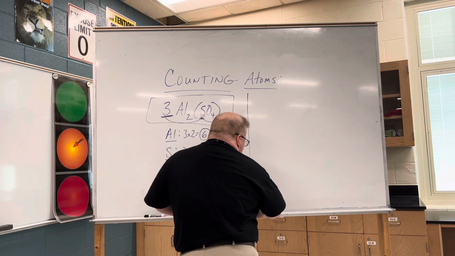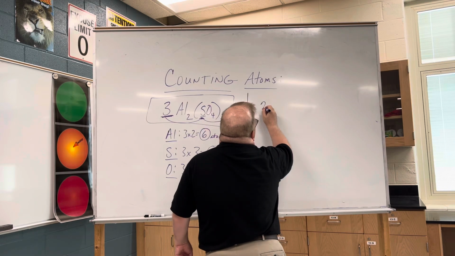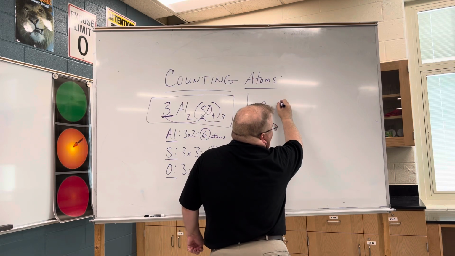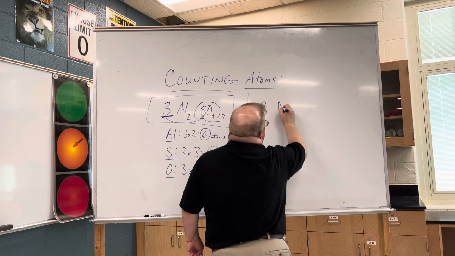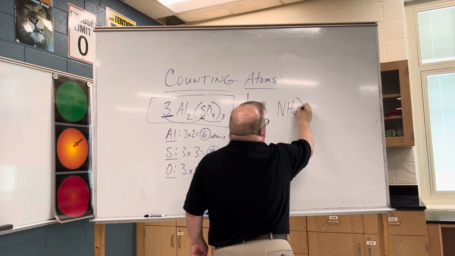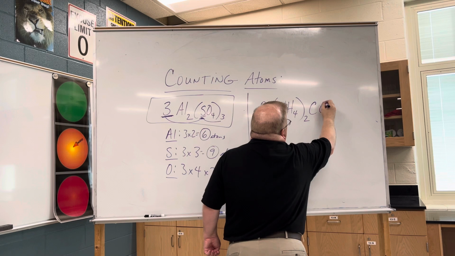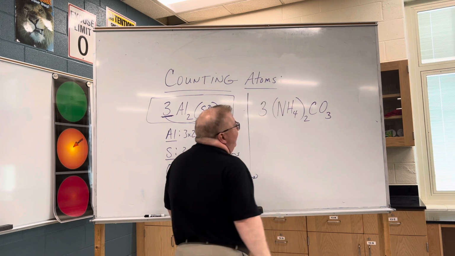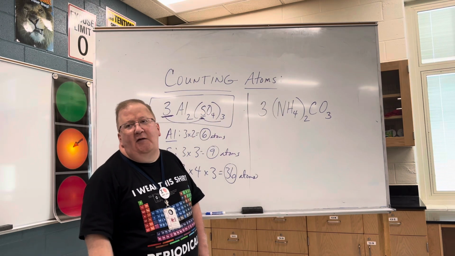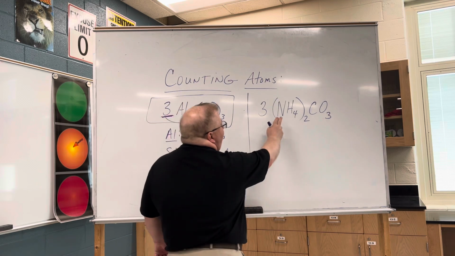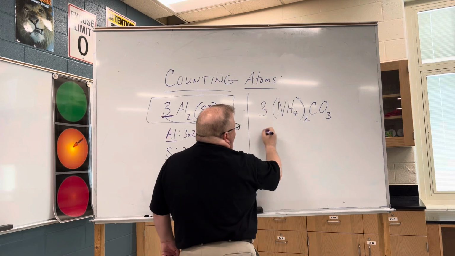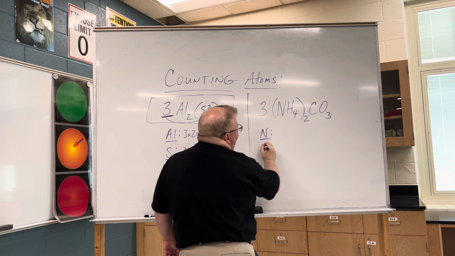All right, let's do another one. Let's say I had 3 (NH4)2CO3, which is called ammonium carbonate. Ammonium is a polyatomic ion. I want to know how many individual atoms of each element.